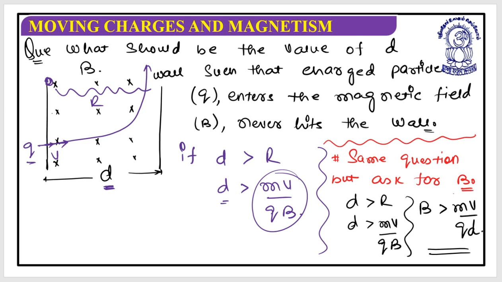Now this is the situation where it is not going to hit the wall. But if the separation between these two walls is less than R, that means less than the radius of the charged particle's trajectory, what would happen? Let's have a look.